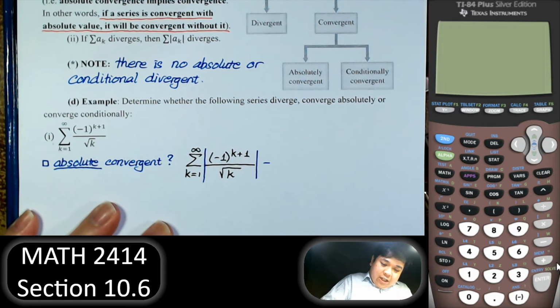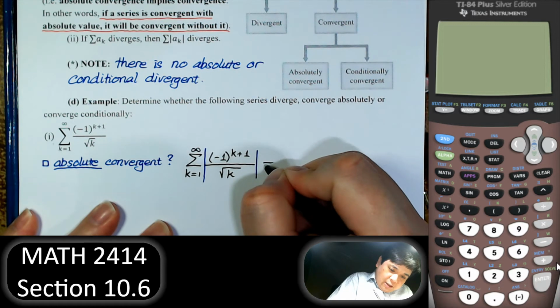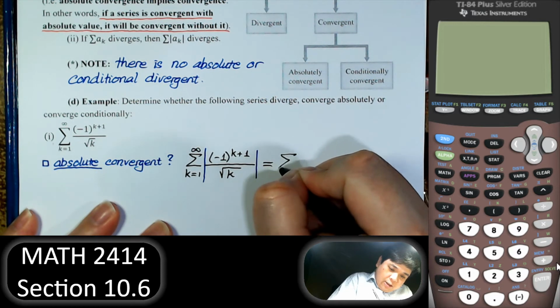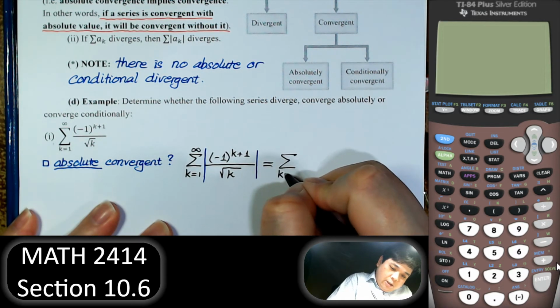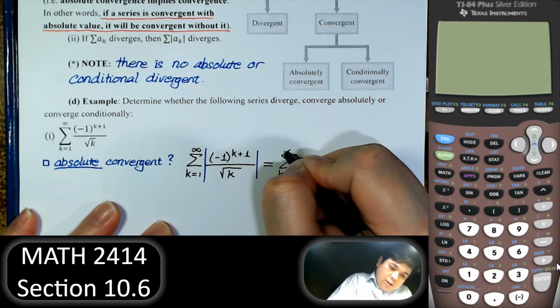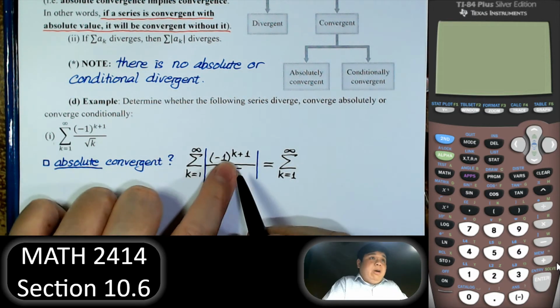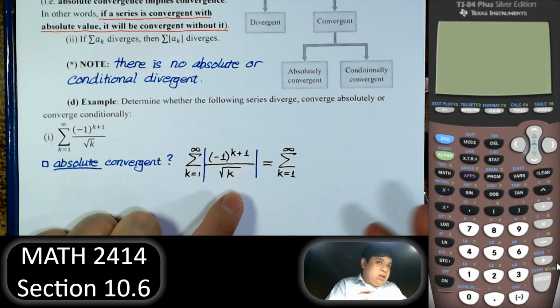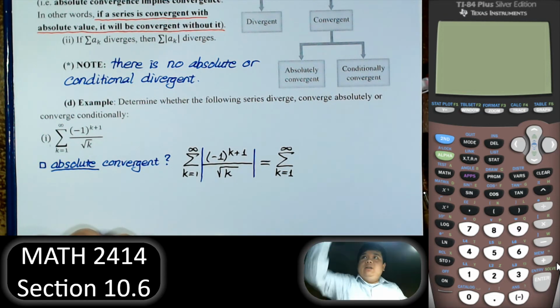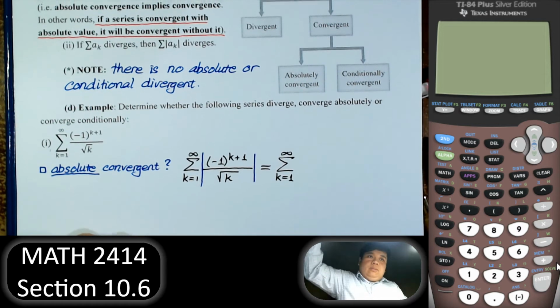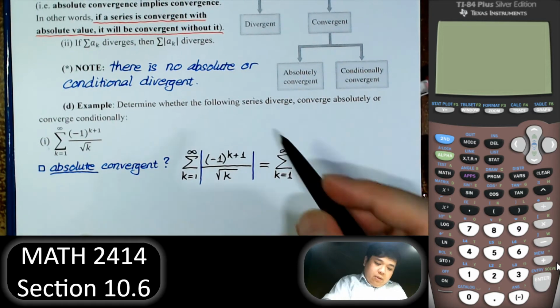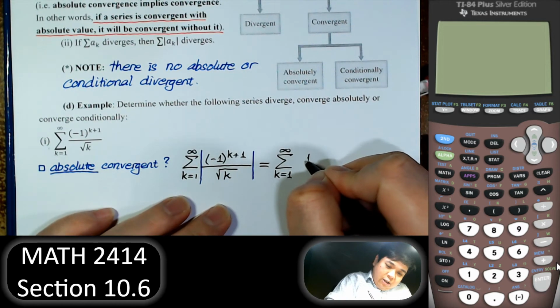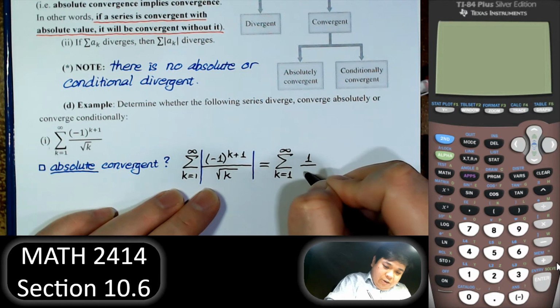And when we do that, the absolute value of -1 raised to any power is still 1. So there's no positive or negative there. So we just have 1 on the top over the square root of k.